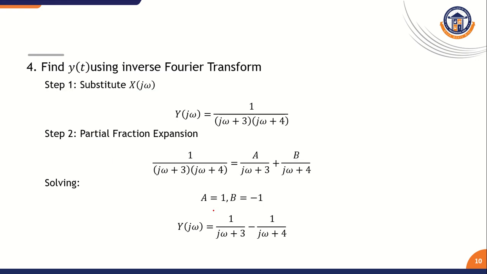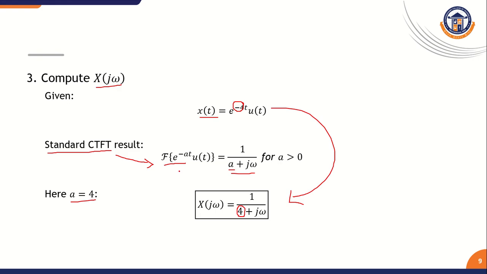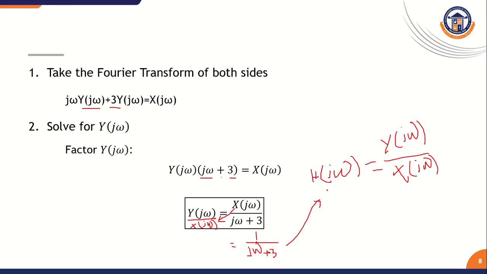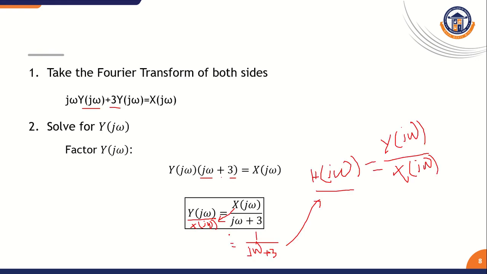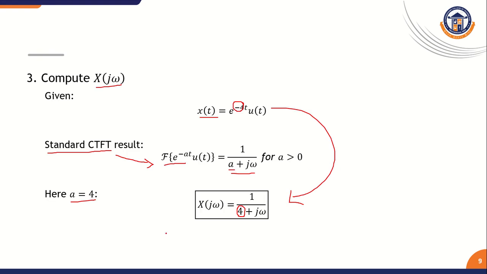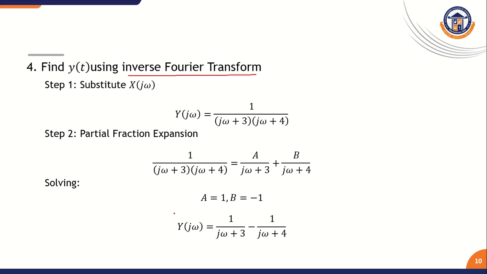After that, we can find small y of t using the inverse Fourier transform. We already found the frequency response, capital H of j omega, then capital Y of j omega, then capital X of j omega. From this, we can find the output response of our given system.